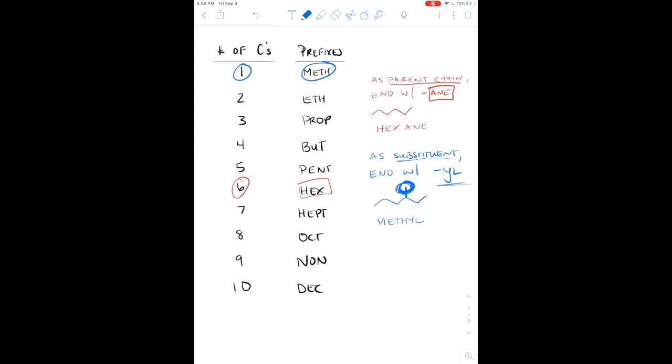It depends on how large that substituent is. In this case, this would actually be called a methyl hexane because it's got a 1, 2, 3, 4, 5, 6 straight chain carbon hydrocarbon with a methyl substituent, and there you have it.